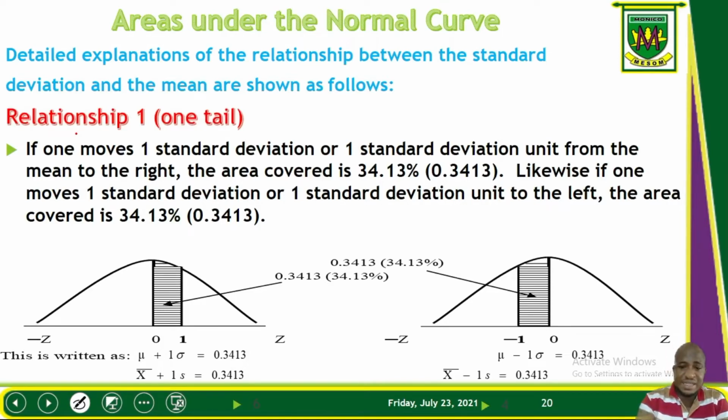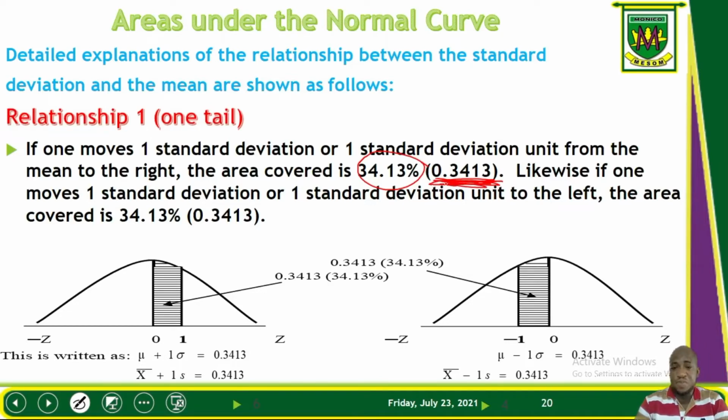The area covered is, let's consider the decimal because this is what you see on the table. Like I said earlier, to get the percentage, you have to multiply the value obtained from the table by 100. We will be using this when we get to the applications, but for now, let's concentrate on the decimal.